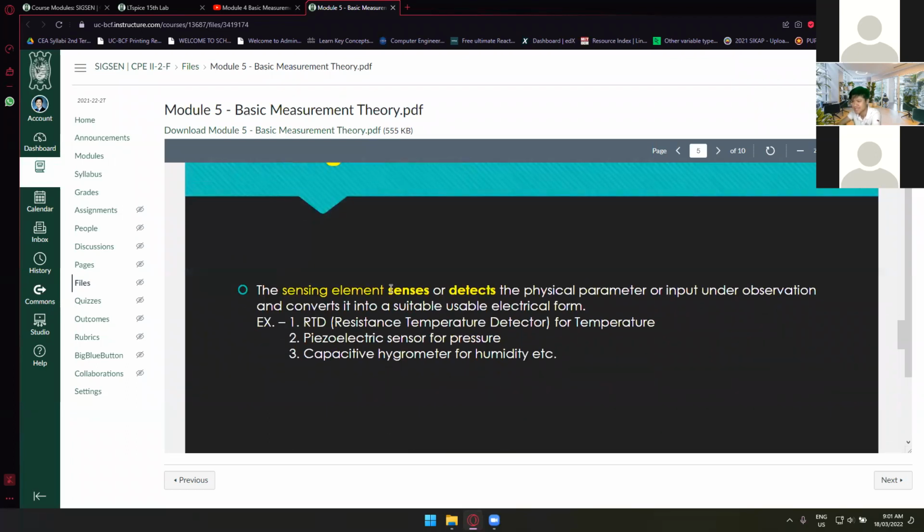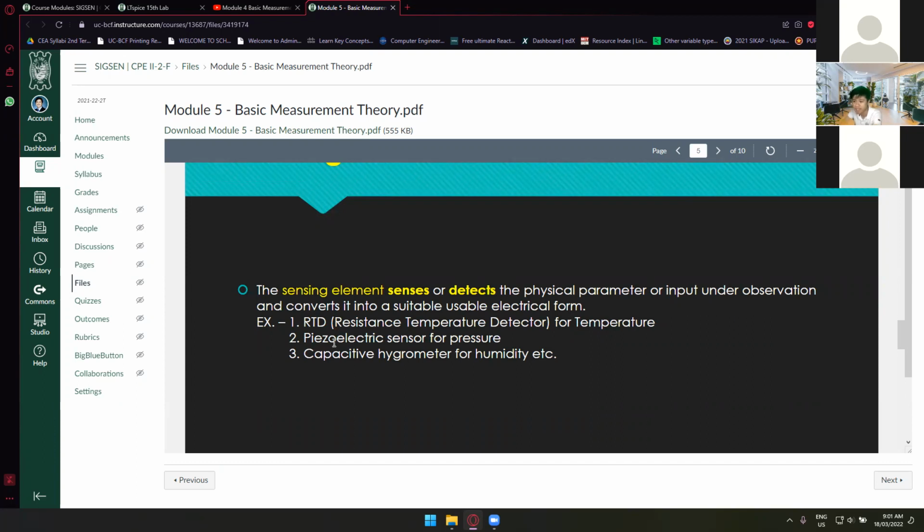The sensing element senses or detects, of course, from the term itself, a physical parameter or input under observation and converts it into a suitable, usable electrical form. So it's to say from analog into a digital form. For example, we have the RTD or resistance temperature detector, from temperature into a certain number, so it can measure the temperature.